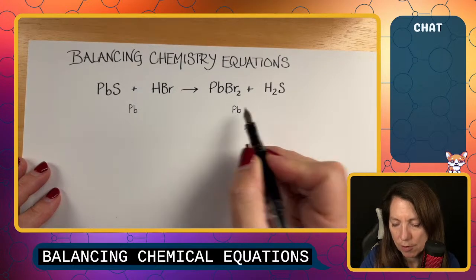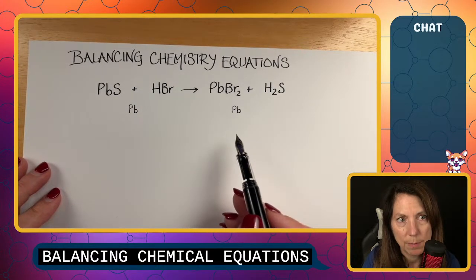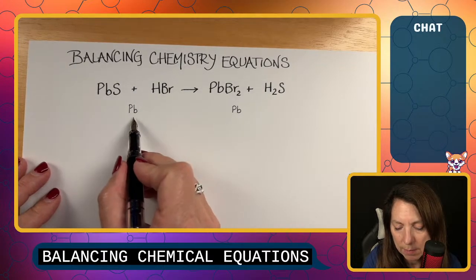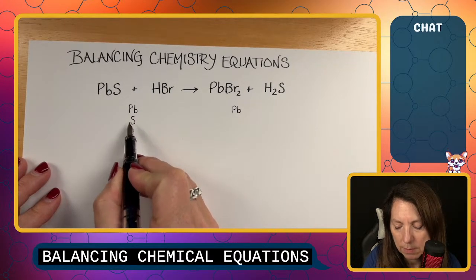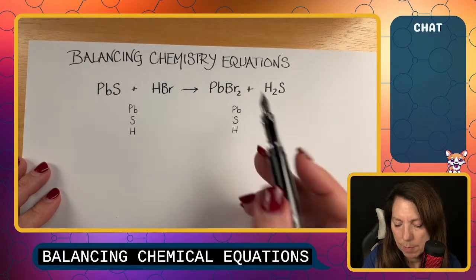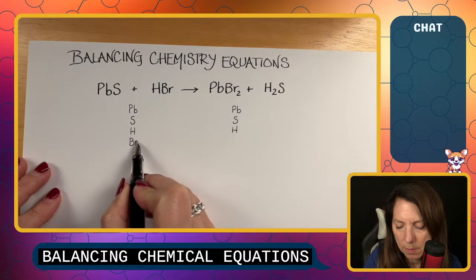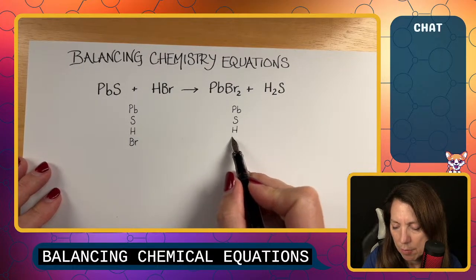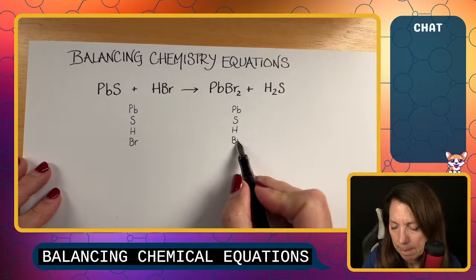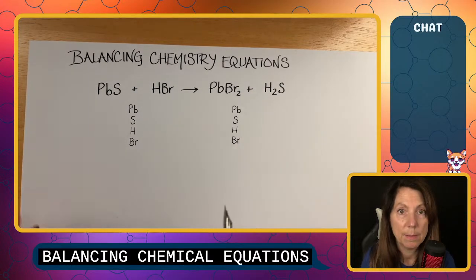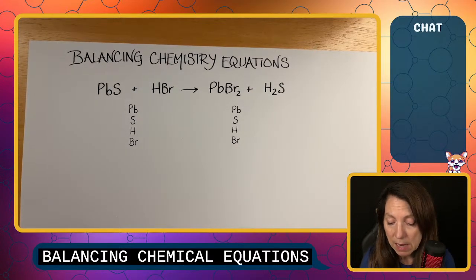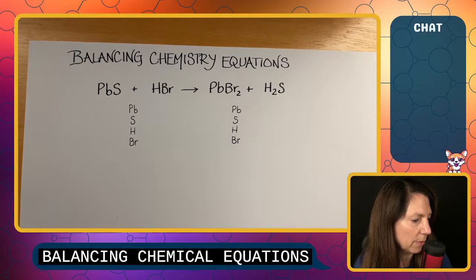We need to make sure that we have equal numbers on both sides of that element. What else do we have? We have sulfur. Bromine, which is an ion, so we can say bromide. But in any case, we're just focusing on these elements themselves, making sure there's the same number on both sides.